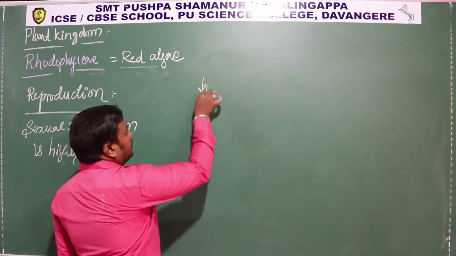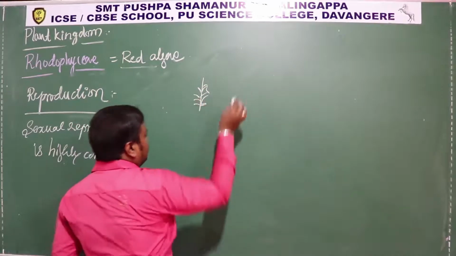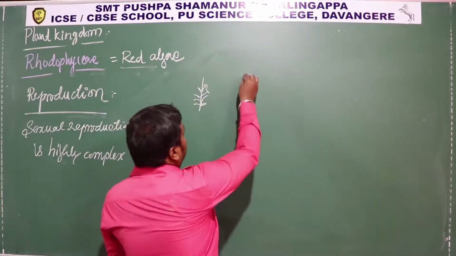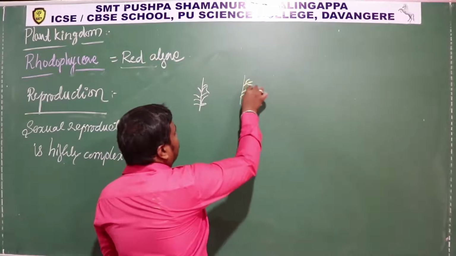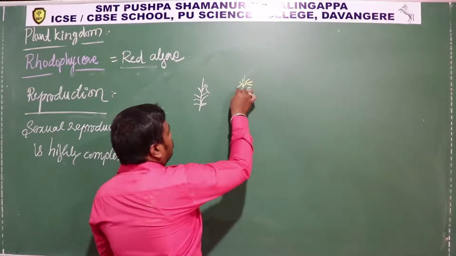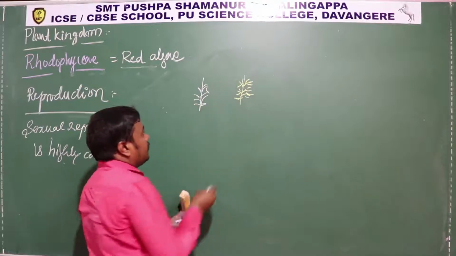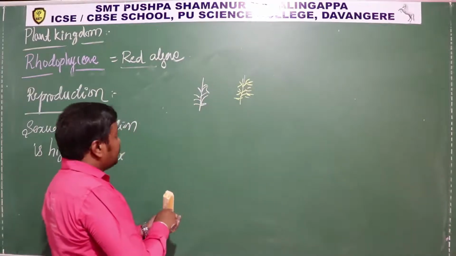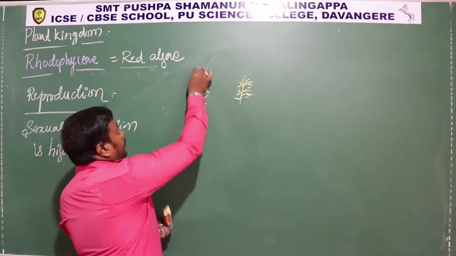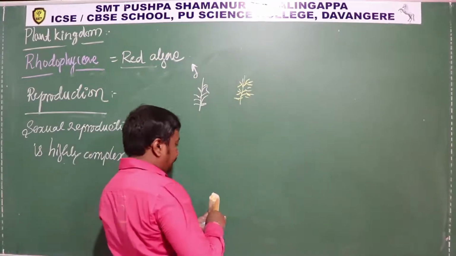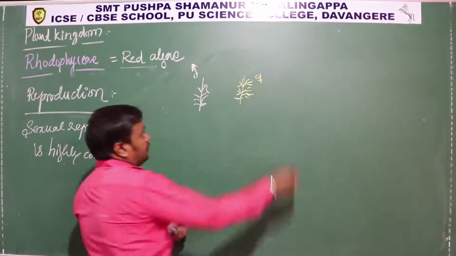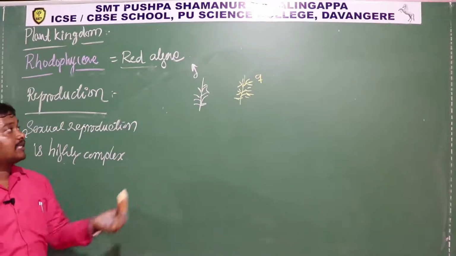So I already told it is a highly branched plant. Let us consider this as male and this as female. So it is heterothallic.